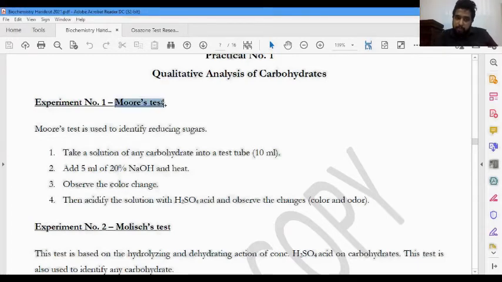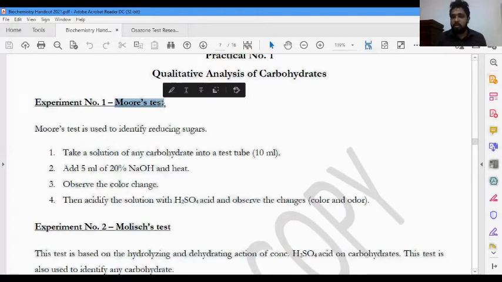There's a limitation of this test: when we add concentrated base and heat in an open flame, there's a process called caramelization.